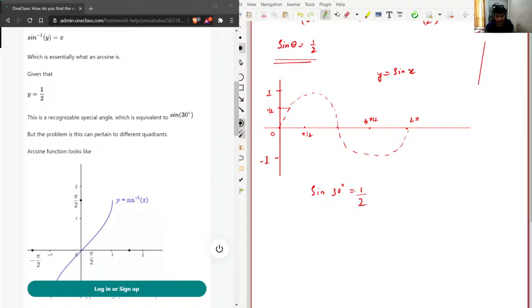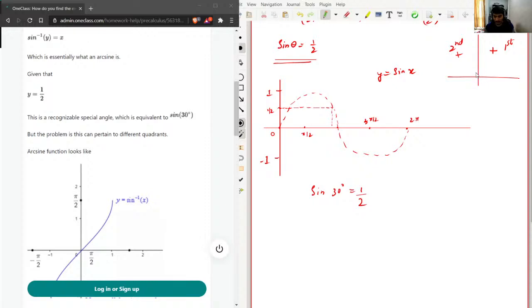But things are not going to end here, because if you remember, sine is positive in the first quadrant, and sine is also positive in the second quadrant. So I'm also getting a value here.